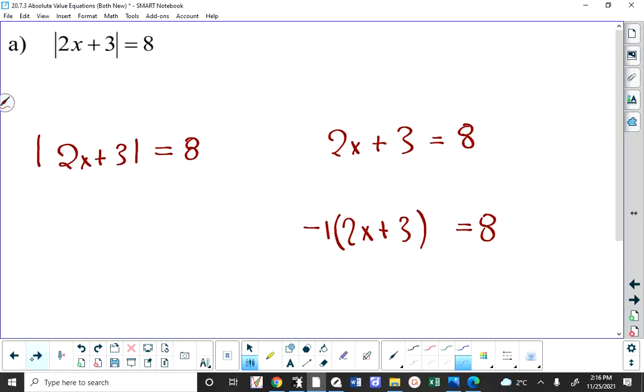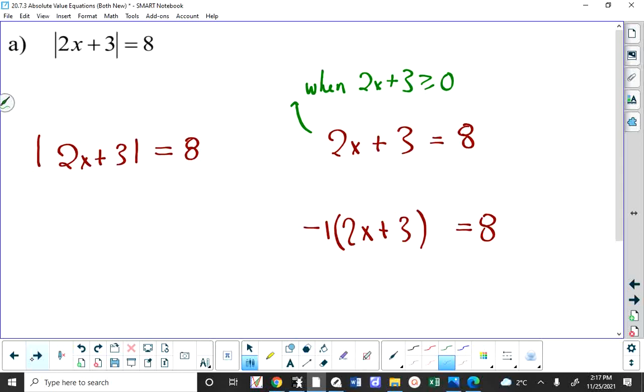So these are the two equations we're solving. But remember, this is only when 2x plus 3 is greater than or equal to 0. If 2x plus 3 is greater than or equal to 0, then we just strip off the absolute value signs. We don't need them. They're gone.